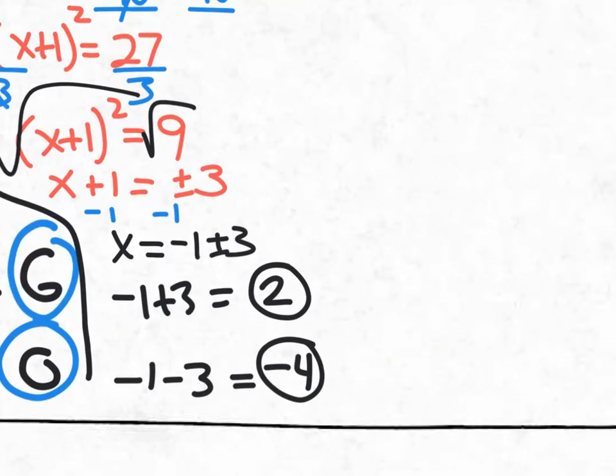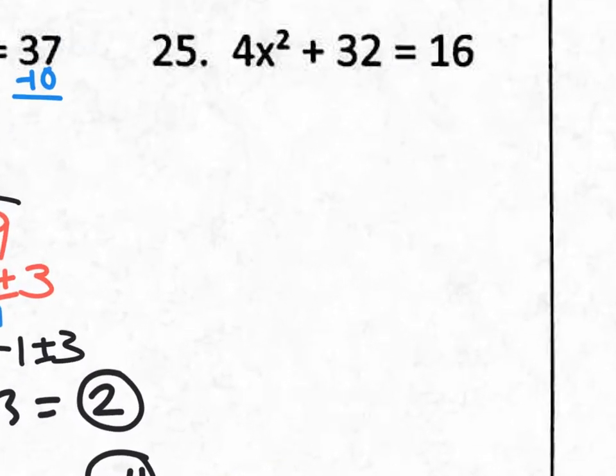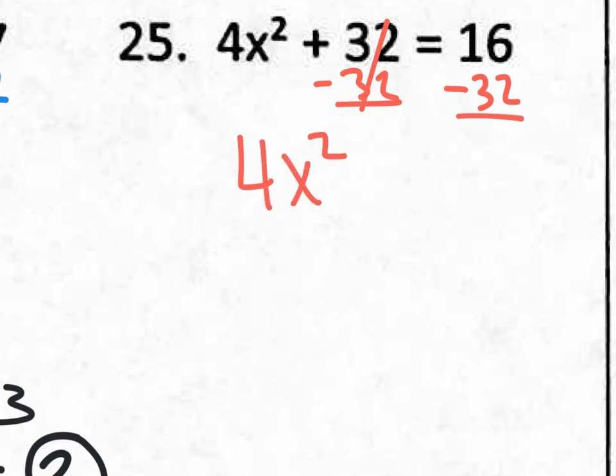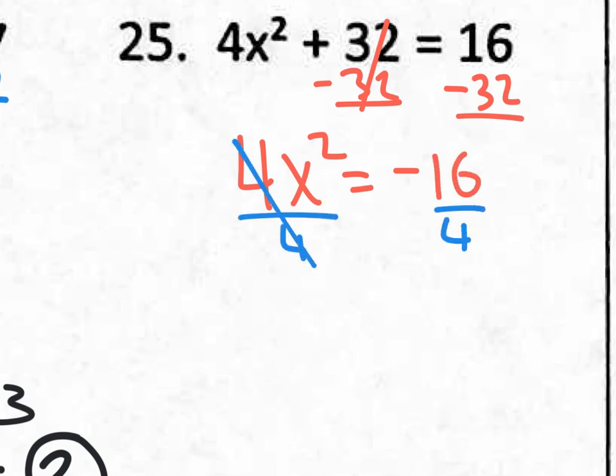Final question. Thank goodness, because I'm tired of explaining this on video. I want to isolate it. I'm going to subtract 32. Cancel, subtract 32. I'm going to end up with 4x squared equals negative 16. And then I'm going to divide by 4. It's going to cancel out.